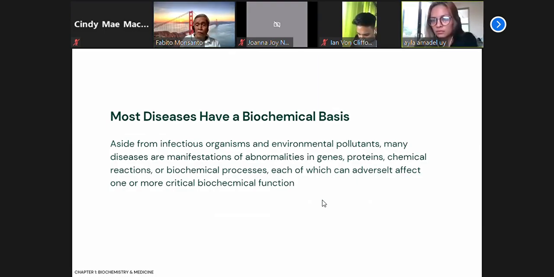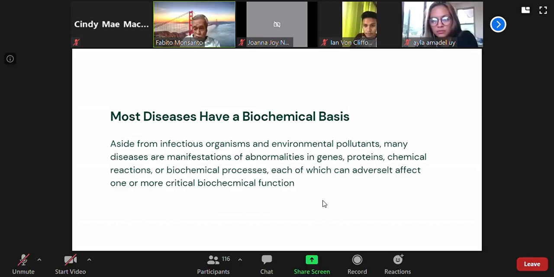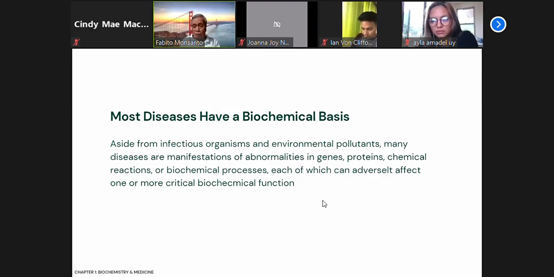So most diseases have a biochemical basis. Aside from the organisms and environmental pollutants, many diseases are manifestations in the genes. So we could call them genetic diseases. No? Diseases due to inability of the protein that is used in your body, or the protein that forms part of the chemical processes, to be well synthesized.